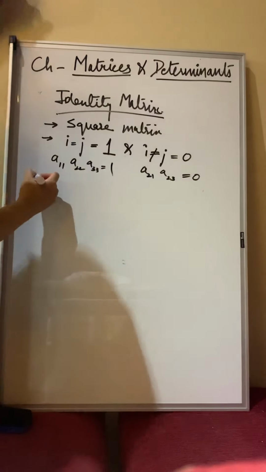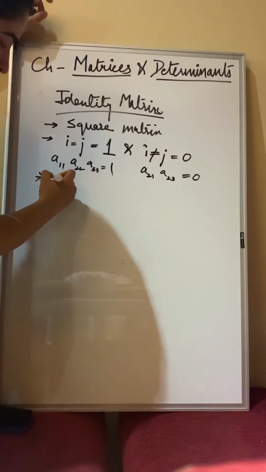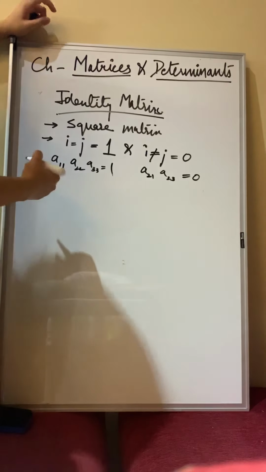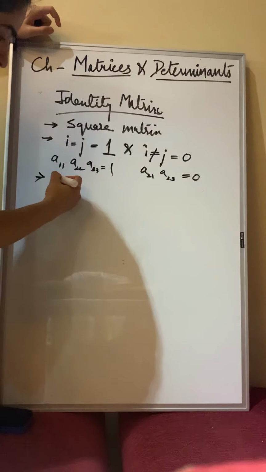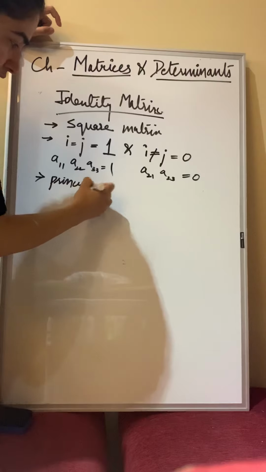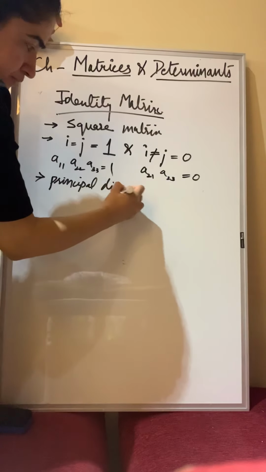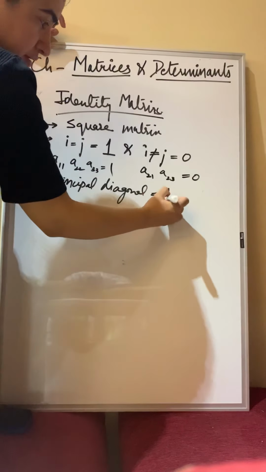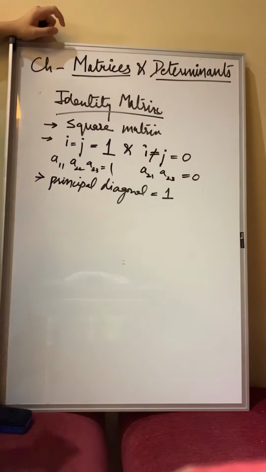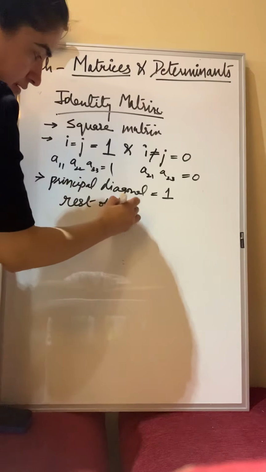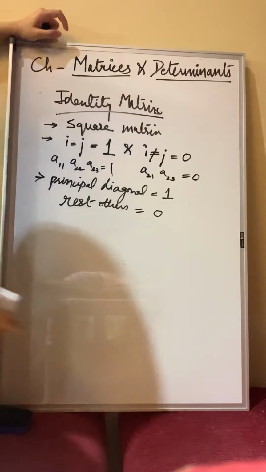The last condition, which I am reiterating, is that the elements on the principal diagonal will all be 1, and the rest will have the value of 0.